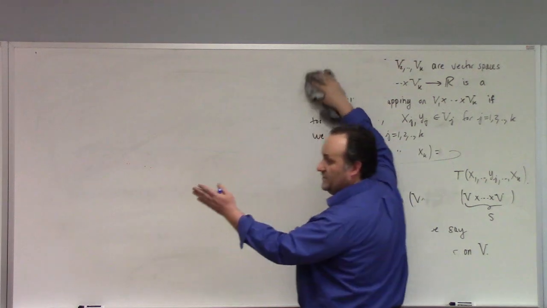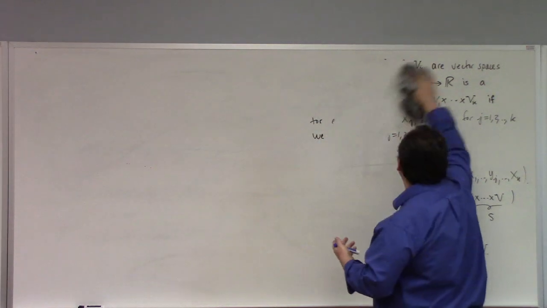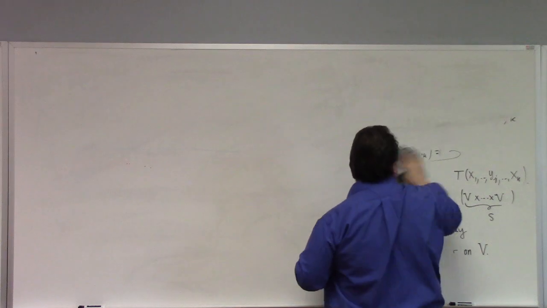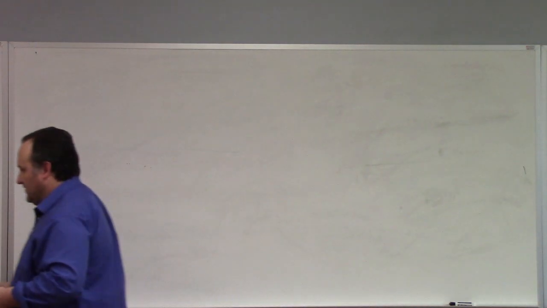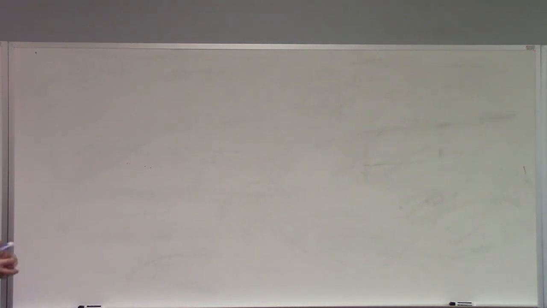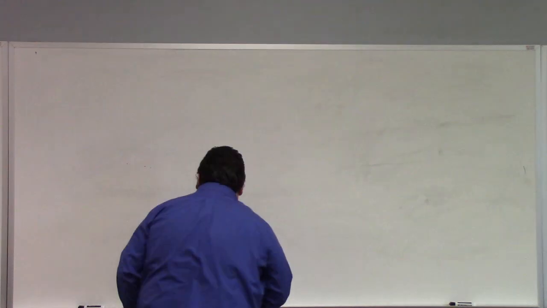What would it mean for this bilinear map to be symmetric? I hear B_ij equals B_ji, but can we define it? Alpha equals beta.